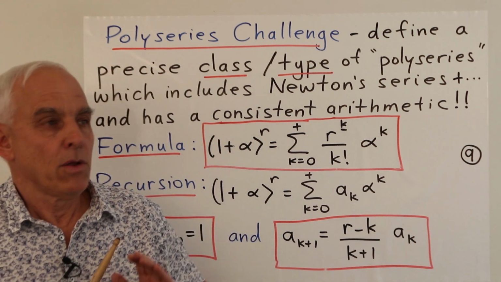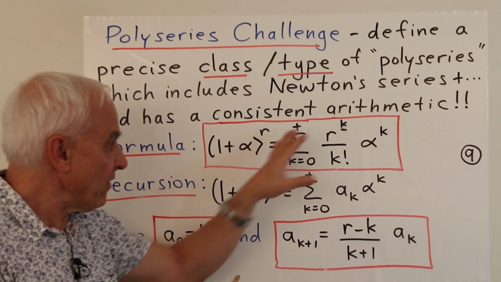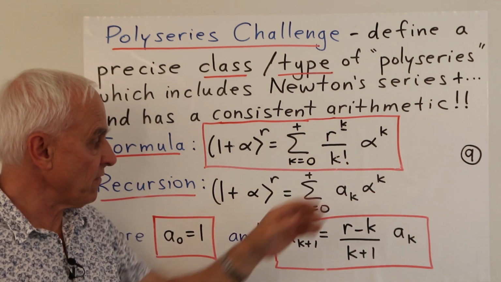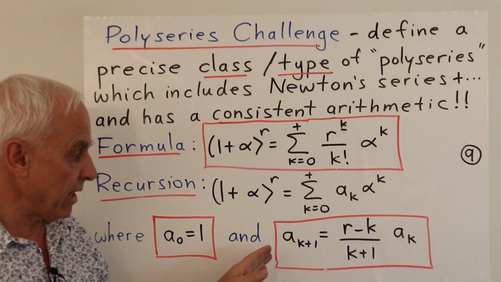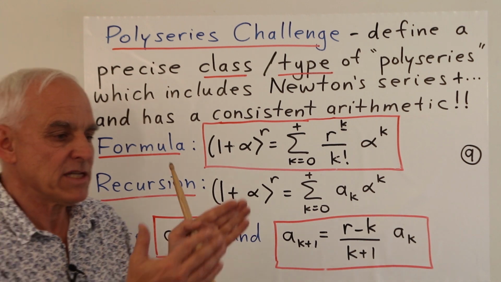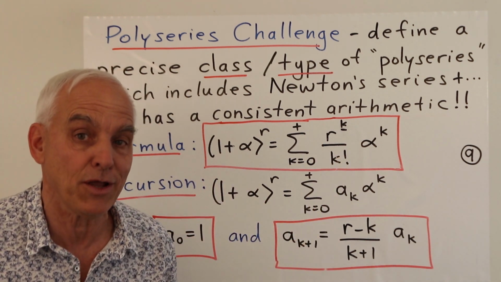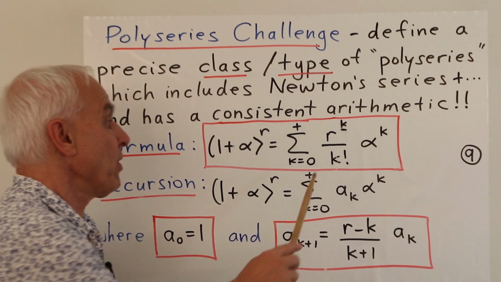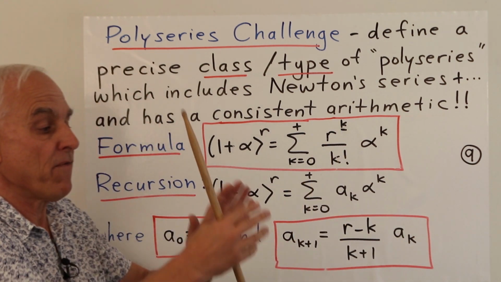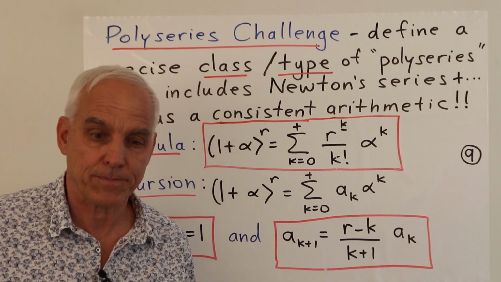So our challenge is going to perhaps involve this kind of approach in the direction of formulas, or maybe involving some kind of recursions. But in either case, we want to specify a framework so we know exactly what kinds of objects we're dealing with, okay? That we're dealing with coefficients of the following kind or recursions of the following kind.